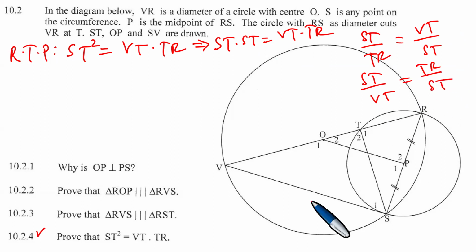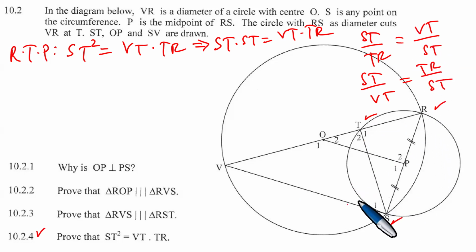Let us look at these very carefully. You're converting this to that. And then now you are looking at, for instance, ST over TR. Here is ST, and then now you take ST over TR. This is TR.